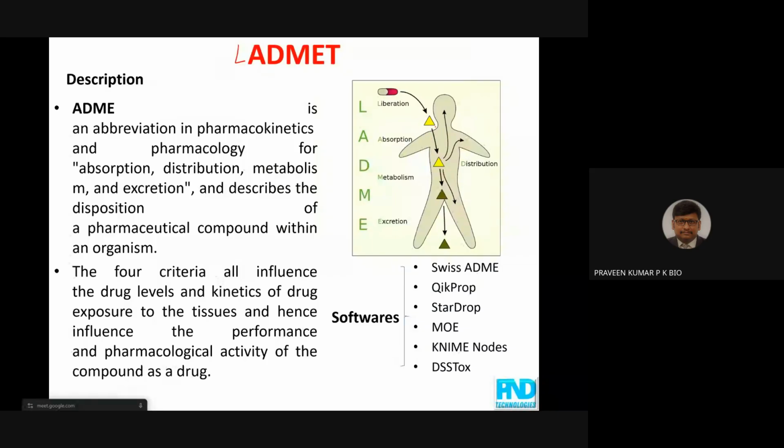The absorption is happening through the blood. Whatever drug we take is directly absorbed in the blood, and this will be distributed to specific tissues. For example, if a patient is taking a drug for healing kidney stones, whatever drug we take has to be distributed only to the kidneys.